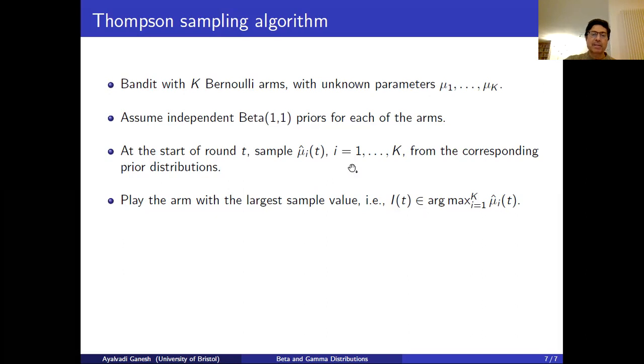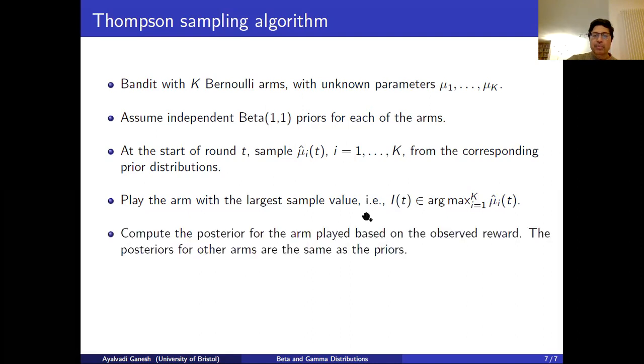Two arms might get the same sample value, in which case you have to break the tie and it can be broken arbitrarily. But in fact, these are continuous distributions, so the probability of a tie is 0 and we don't care about that anyway. Okay, so that's the algorithm so far. So that's how you decide which arm to play.